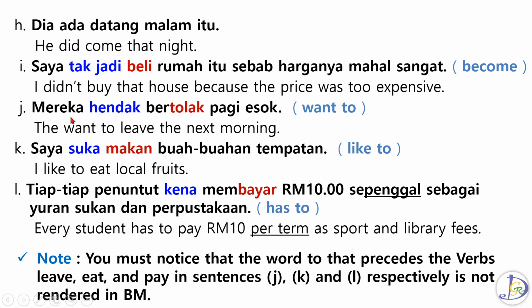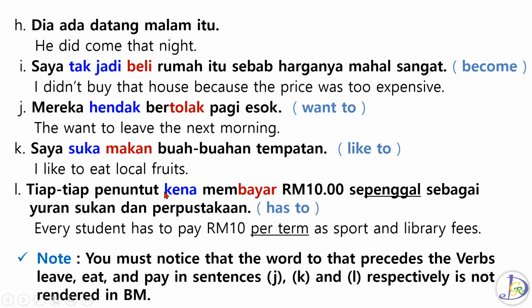J. Mereka hendak bertolak pagi esok. They want to leave in the next morning. K. Saya suka makan buah-buahan tempatan. I like to eat local fruits. L. Tiap-tiap penuntut kena membayar RM10 sepenggal sebagai yuran sukan dan perpustakaan.